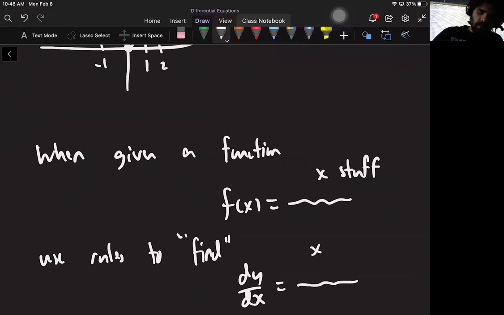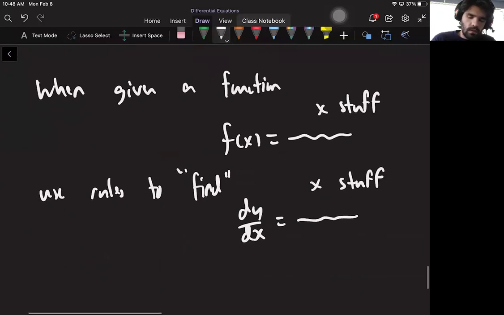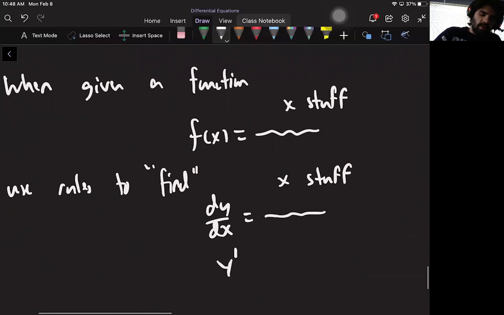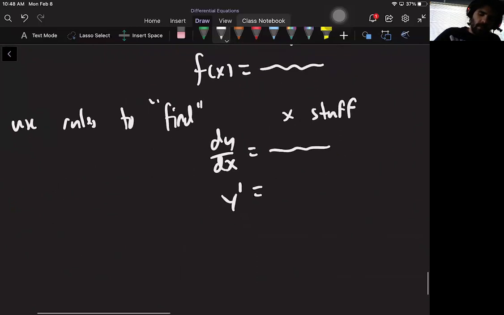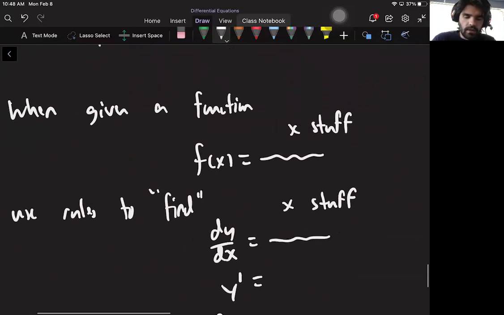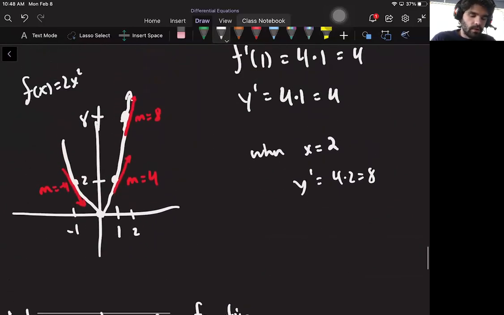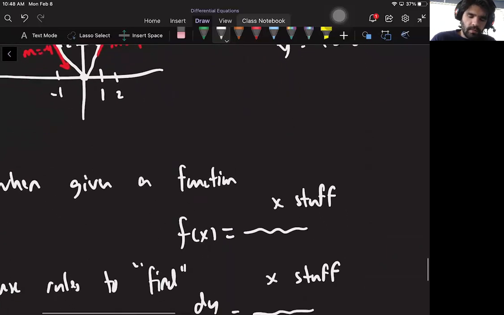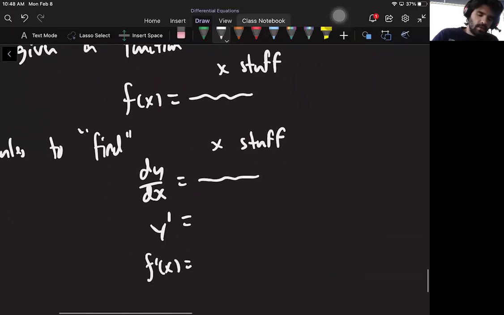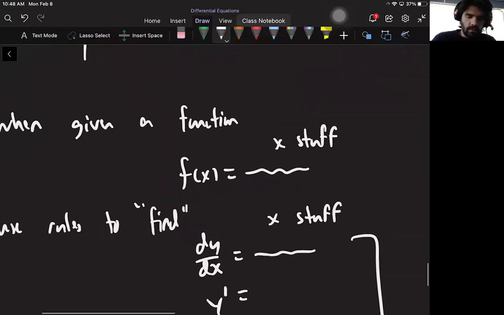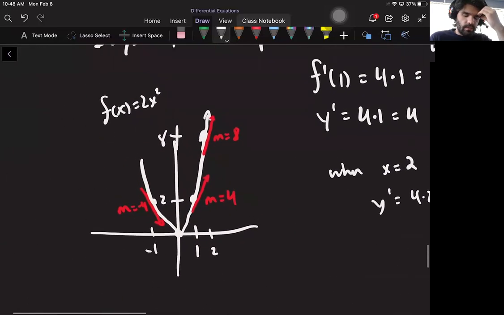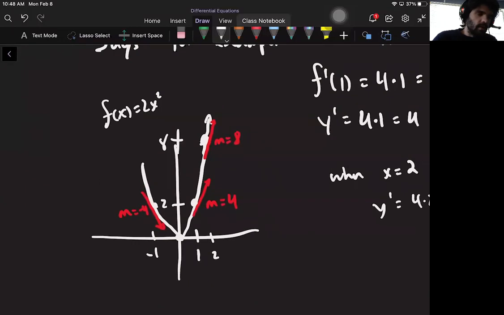And then this will only have x stuff in it too. And you might call it y prime instead, or you might call it f prime of x. And it's just how fast the function is going up or down. And if you plug in a particular x value to that derivative, then it tells you in particular how fast the function is going up or down at that exact x coordinate. Okay.